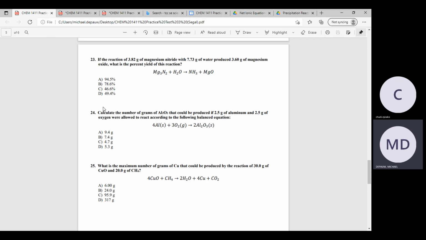Both 23 and 24 are good questions for this. 23 is actually more complicated. We can start with 24 if you want, and then come back to 23.